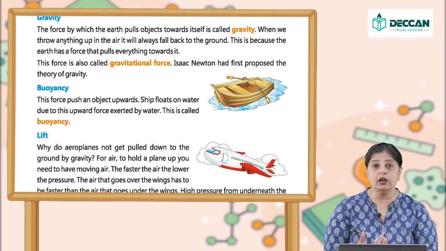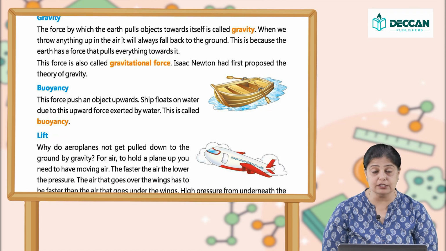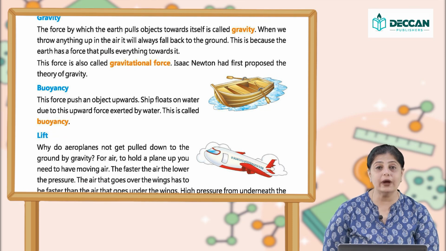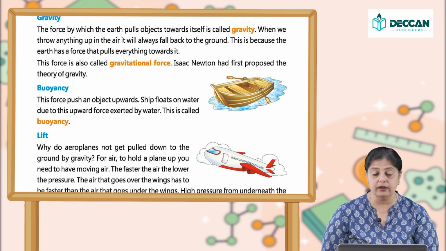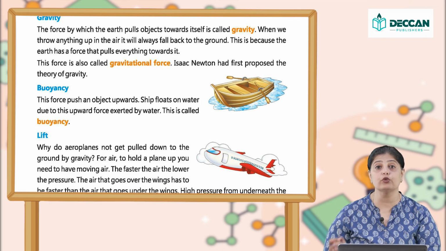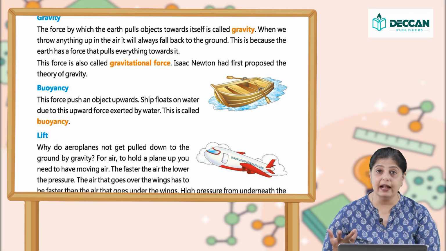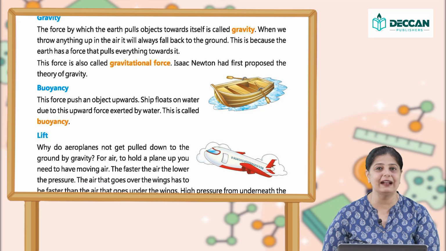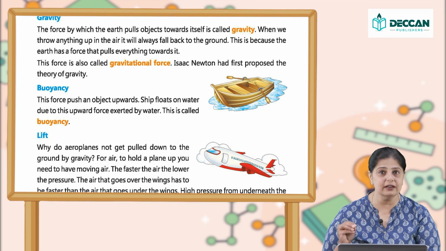So the object gets pulled towards the earth. That is known as gravity. When we throw anything up in the air, it will always fall back down to the ground. Has it ever happened that you've thrown a ball in the air and it has not come down? No, that is not possible. It will eventually come back to the ground.